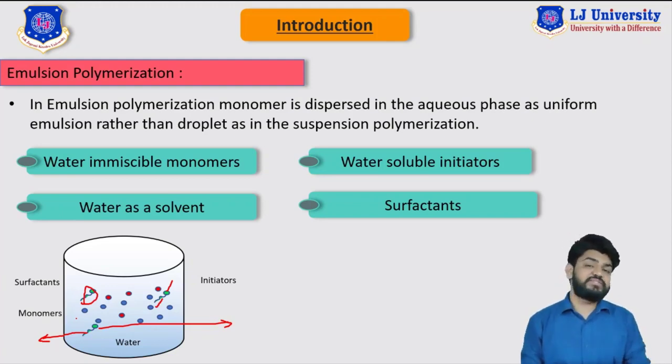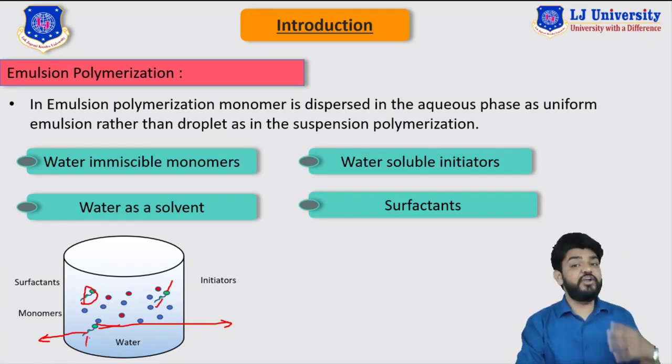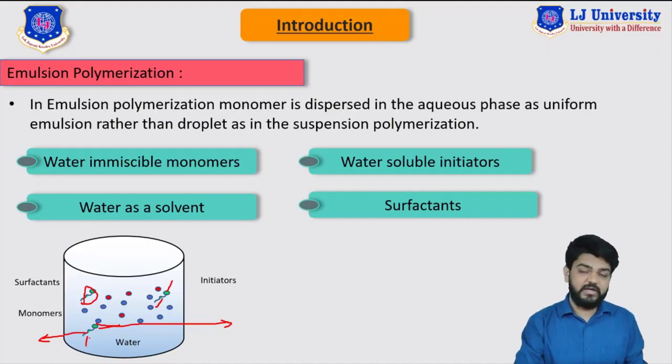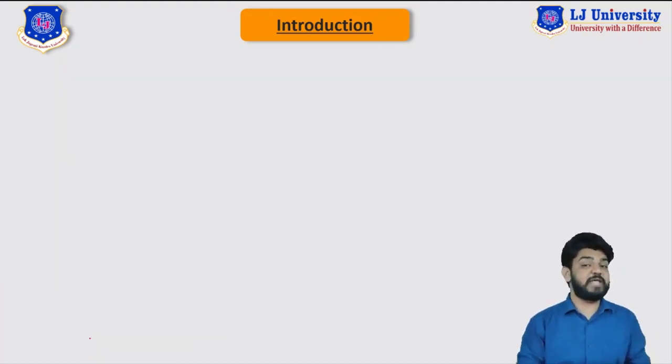As their head is water loving and their tail is water hating, one side of the surfactant will be attracted towards the water and the tail will be repelled from the water. That means it will not be attracted towards the water. Now having said that, let's move to the emulsion polymerization technique and understand what this technique actually is.